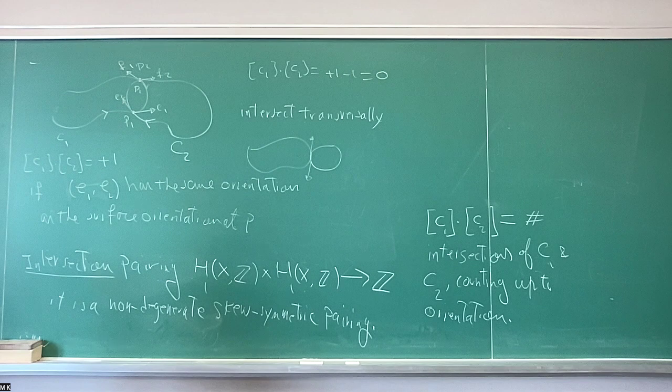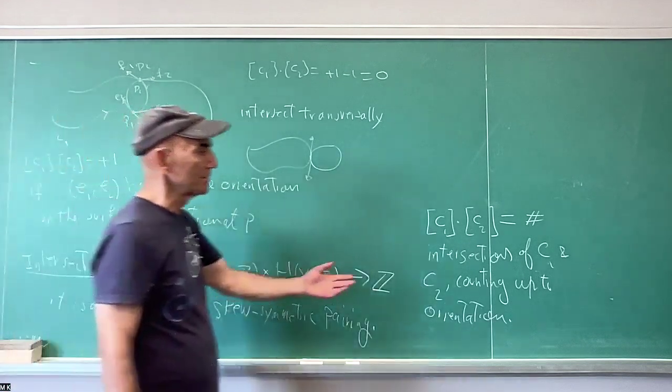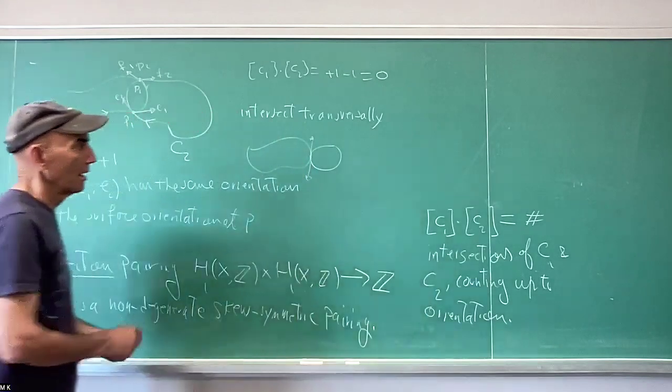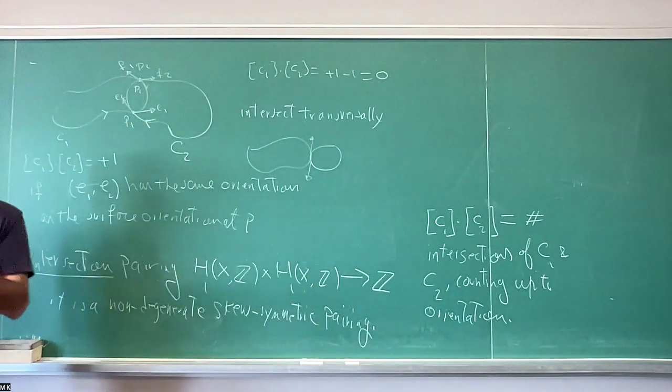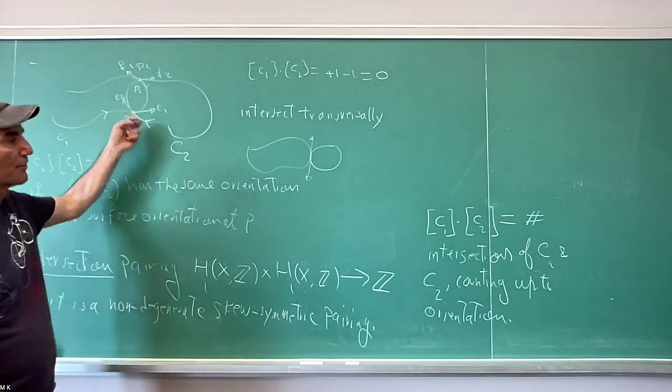Now, here is the problem. There are a lot of issues with this definition because I'm just choosing two cycles. They may be far apart from each other, and they may intersect in a non-transversal way.